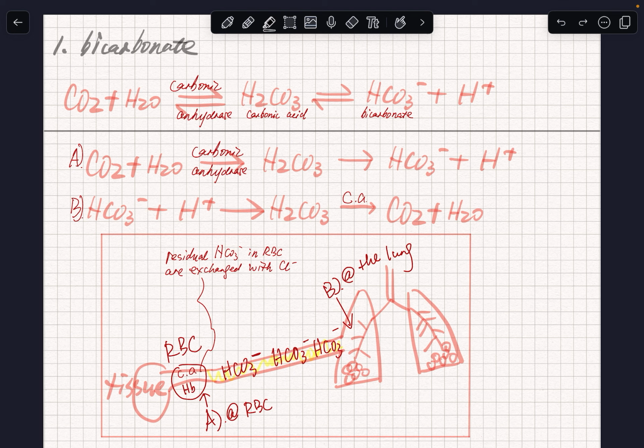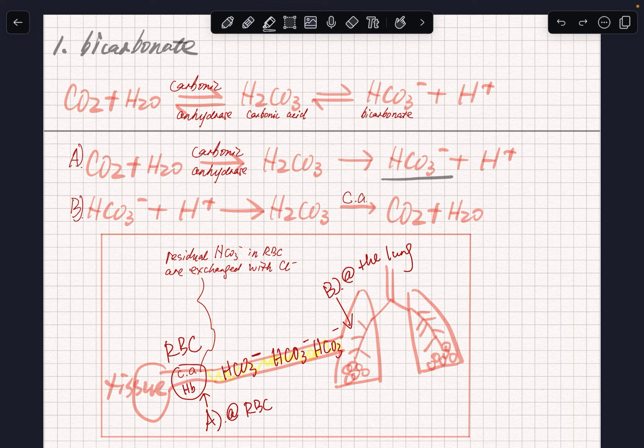So once the bicarbonate is formed in my red blood cell, it doesn't stay in the red blood cell. It will go to what I indicated with the yellow highlight, which is your plasma. It will dissolve in the plasma, and eventually the blood travels to your lung.